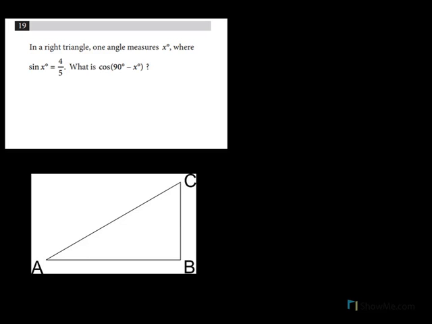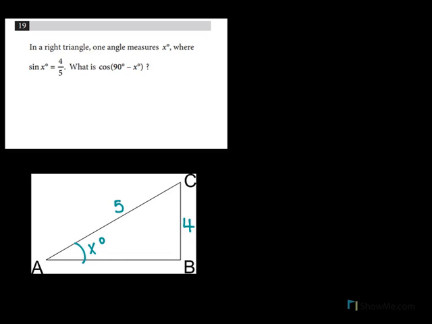Another method we could use is that we can create a right triangle that has an angle measure of x degrees so that sine x is 4 over 5 and sine is opposite over hypotenuse.